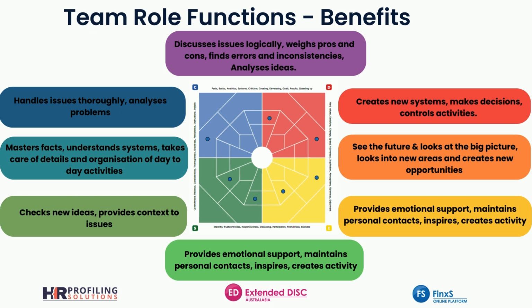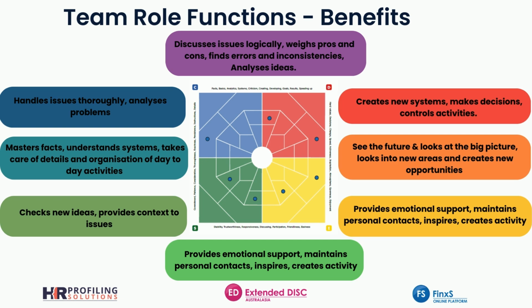So some of the top ones, say like DC, the benefits: discuss issues logically. They weigh up pros and cons. They find errors and inconsistencies. They analyze ideas. Obviously, the 3-page in-depth document that we have in the VIP discusses this plus a lot more, but this is a nice one just to show.